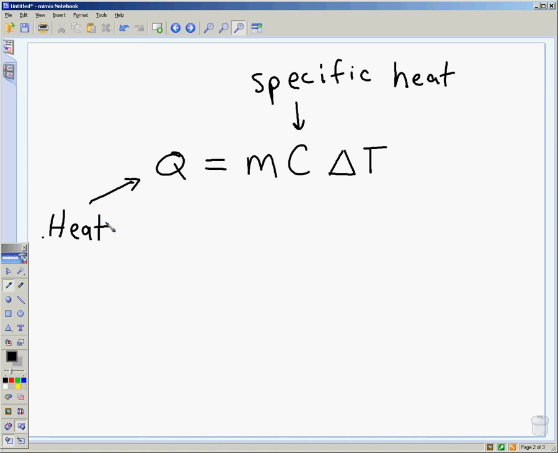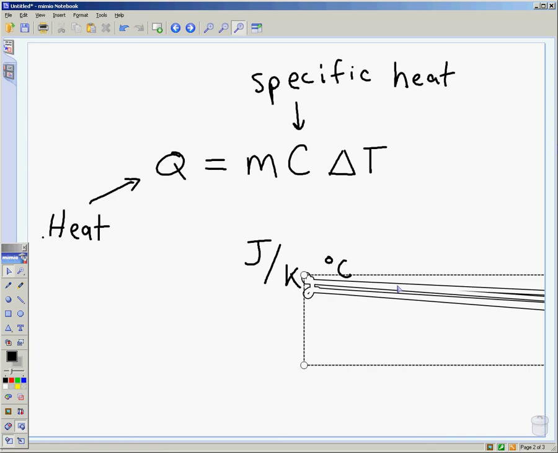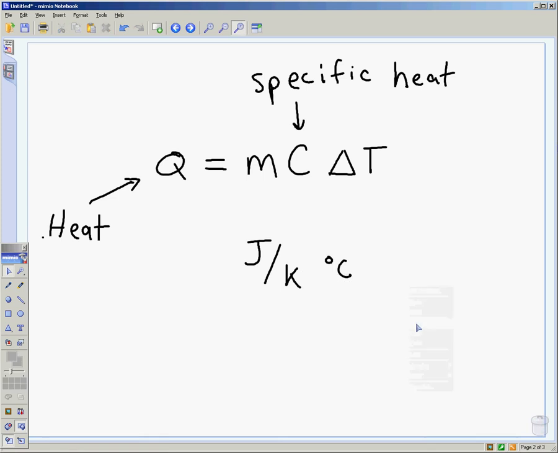M is your mass. See, look, guys, your specific heat is joules per kilogram degrees C. Now, that means how much heat is required to raise a kilogram a degree C. That's what your specific heat is.